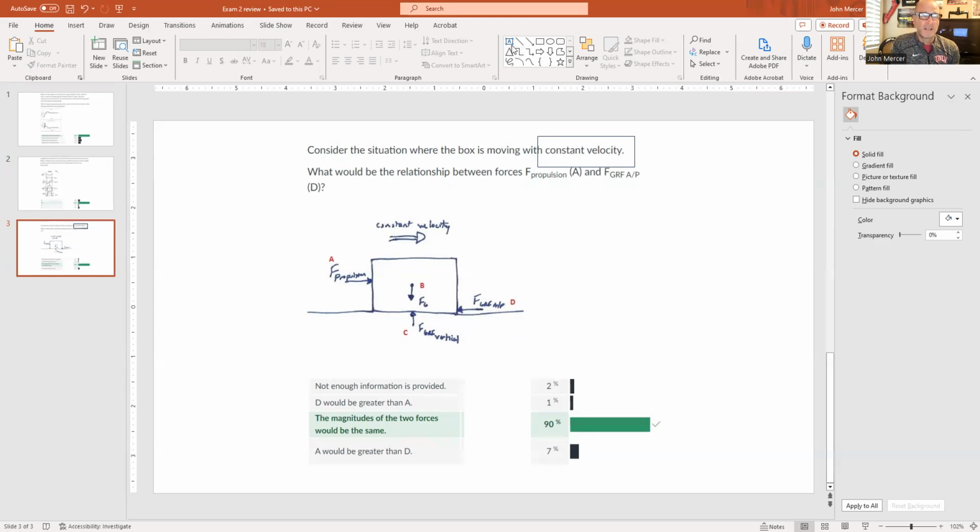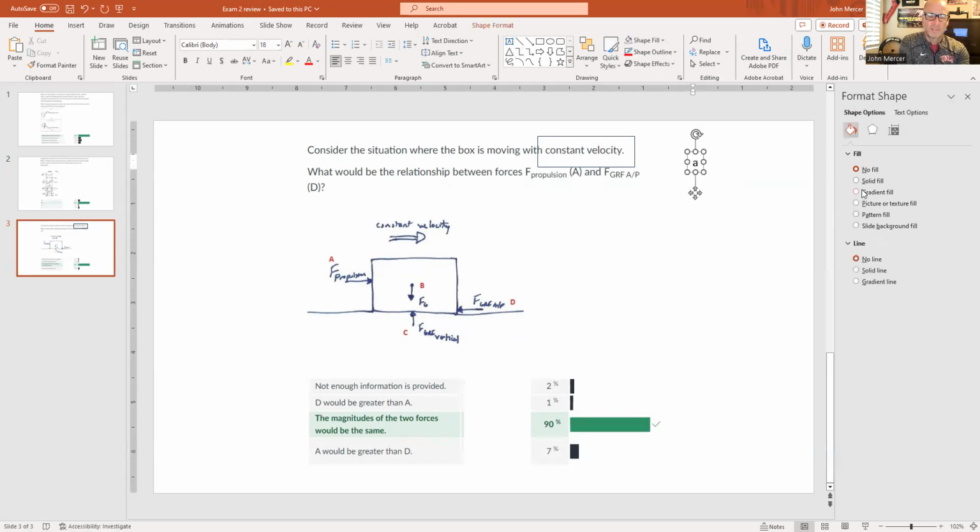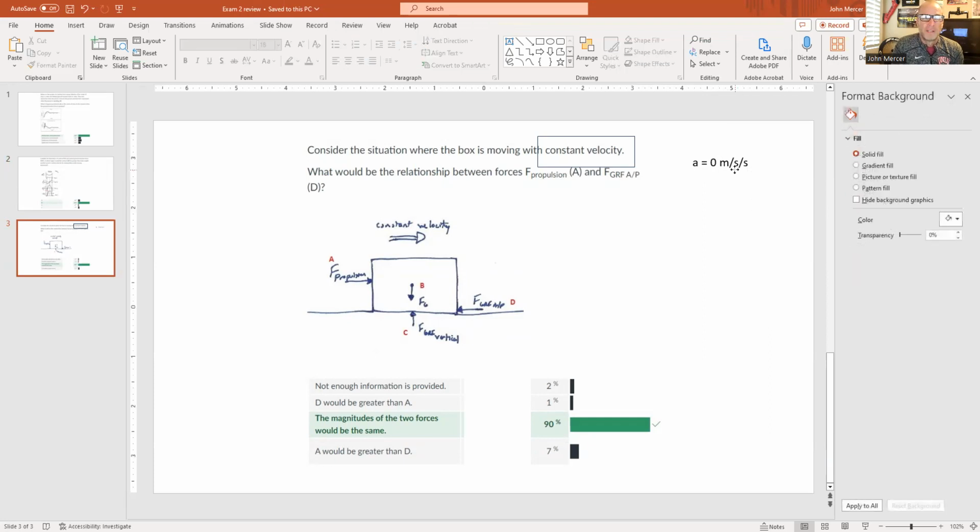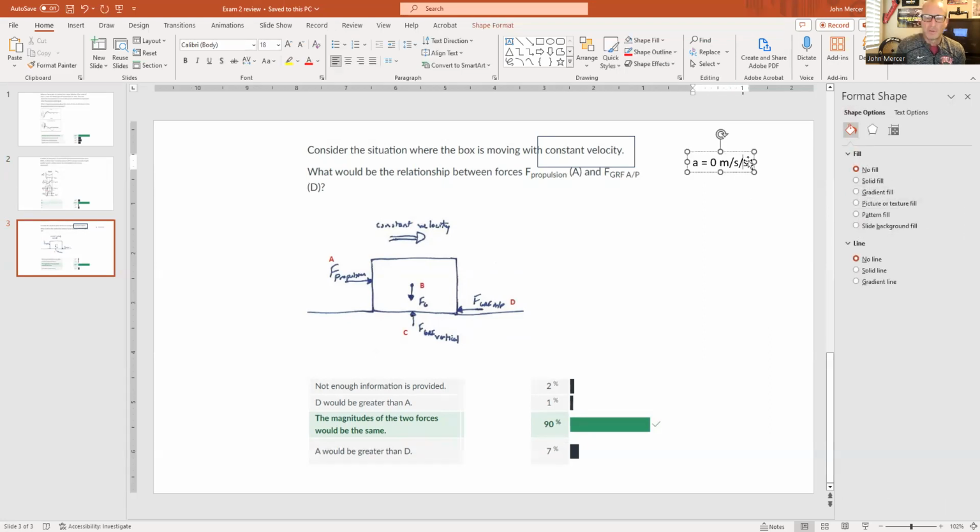Because when velocity is constant, we know acceleration will be 0 meters per second per second. No change in velocity will tell us that acceleration is 0. And if acceleration is 0, then we also know that the sum of forces will equal ma. And if a is 0, then the sum of forces will have to be 0.